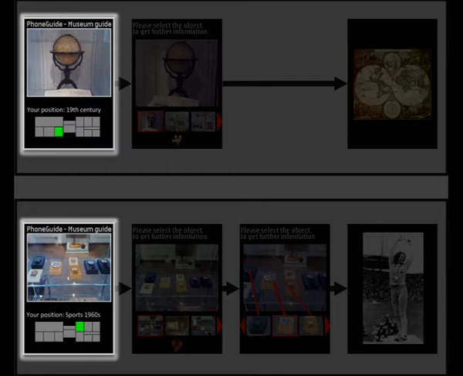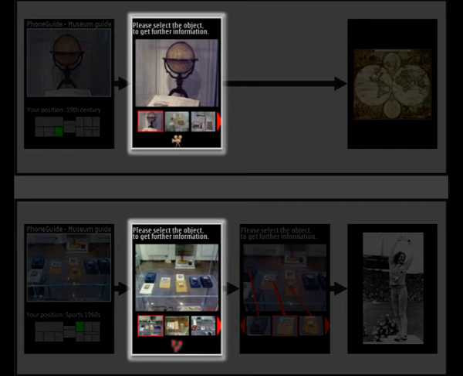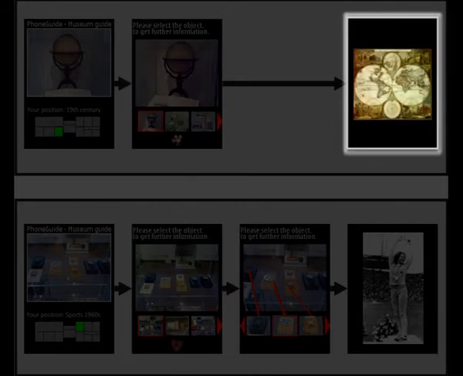The mobile front-end application of Phone Guide carries out a local image classification, and the result is presented as a probability-sorted objects list. It contains all possible candidates, beginning with the most likely candidate on the left side. The correct object can be selected with a minimum number of clicks, and corresponding multimedia information is presented.